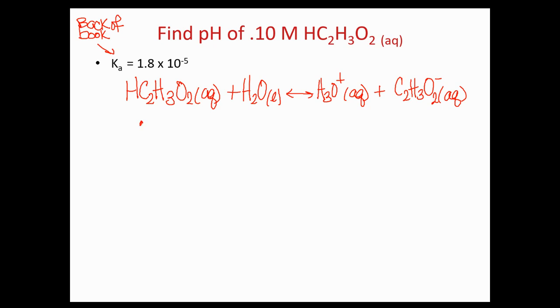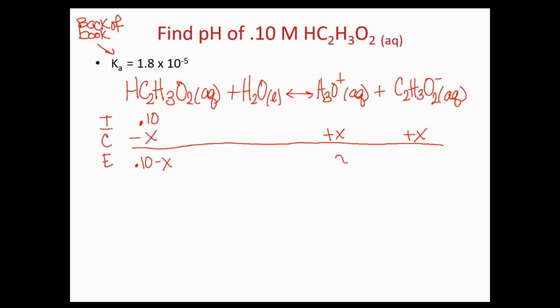So we have 0.10 is our initial. We do not know how much is ionized. And so that's initial, your change, and then your equilibrium.